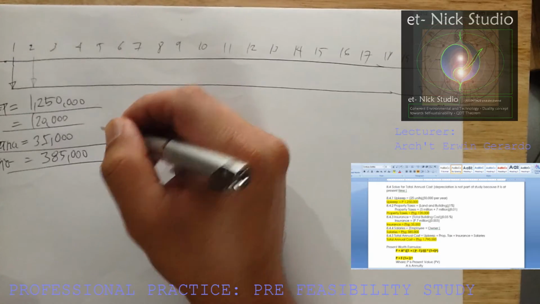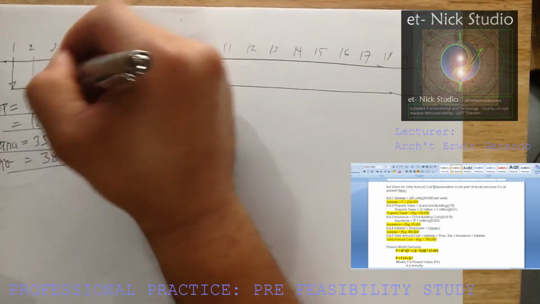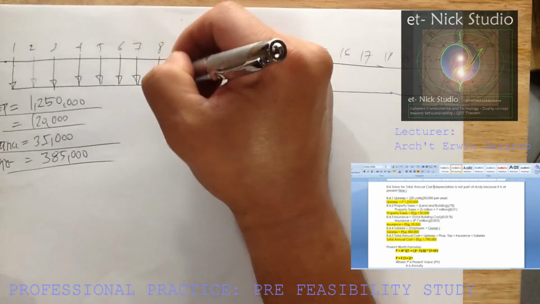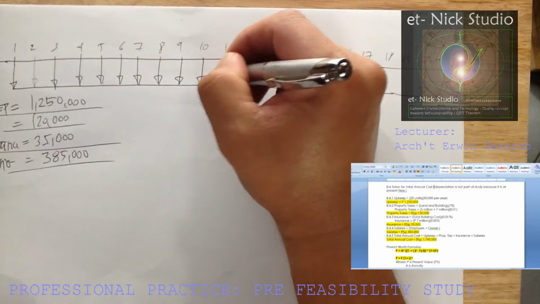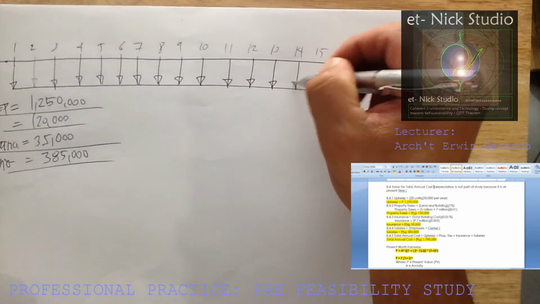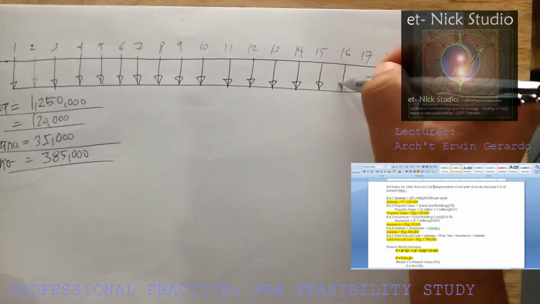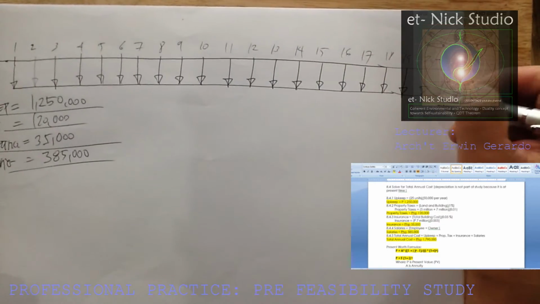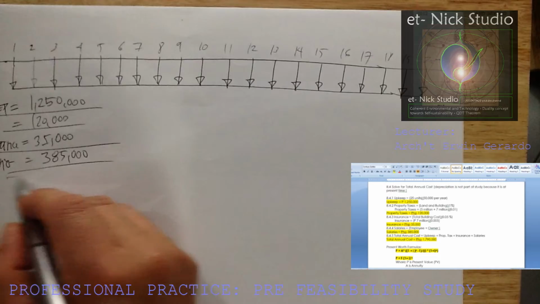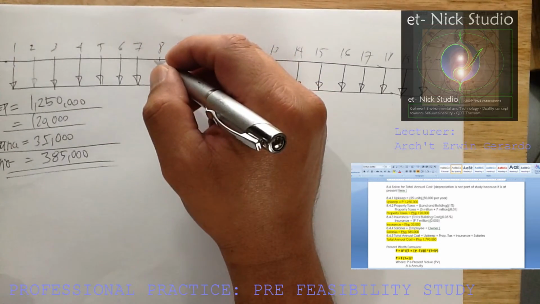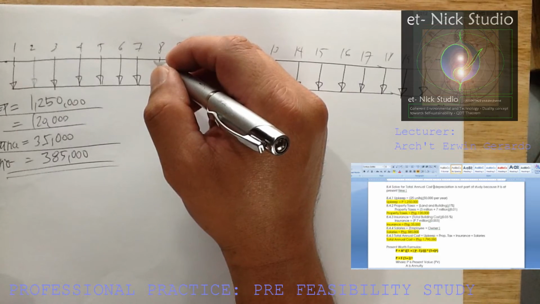Take note, I would like you to carefully take note that under the present worth formula, depreciation or D is actually not included as part of this study, because here we are using the present worth formula.